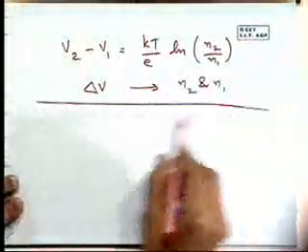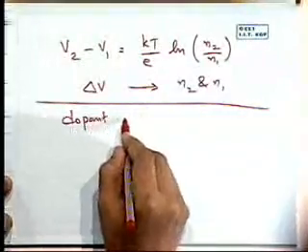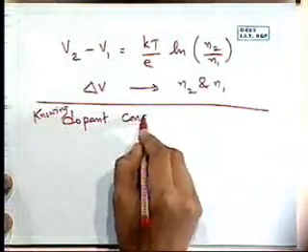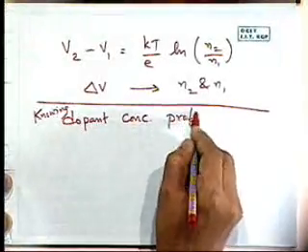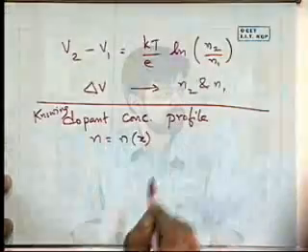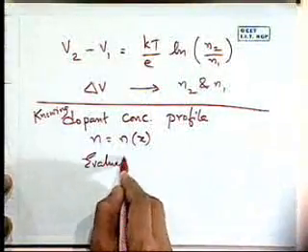What we can also do is, if we know the dopant concentration profile, in other words, what I simply said that n is equal to n(x), if I knew what this profile looked like, I could evaluate the gradient.